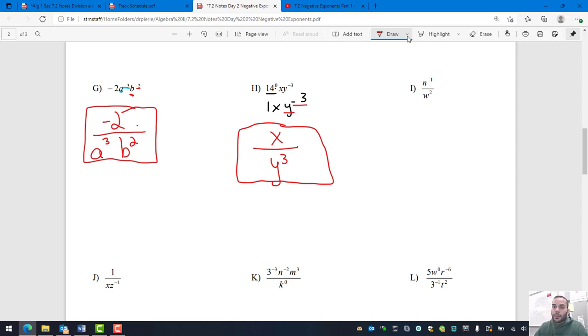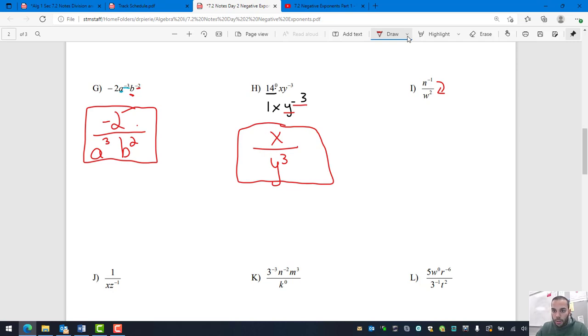Okay, looking at example I, I see n to the negative first power over w to the second power. So first of all, check. Do you have any negative exponents? Yes, you do. N is being raised to the negative first power. The way we get rid of the negative exponent is by moving it to the denominator.